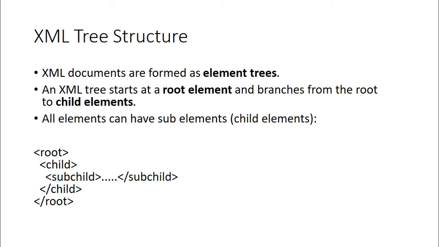An element tree starts at the root element, as shown here, and branches from the root to the child elements. All the elements within the root element are the children of the root element. All elements can have sub elements as well. The inner element, the child, can have a sub child and so on. So every XML document should have a root element within which the other elements are specified.